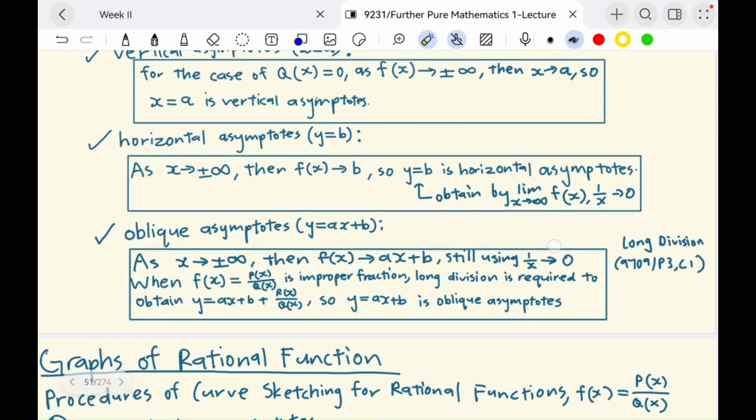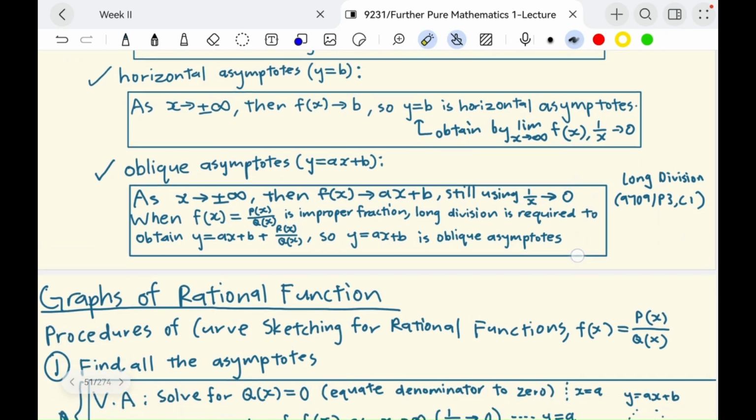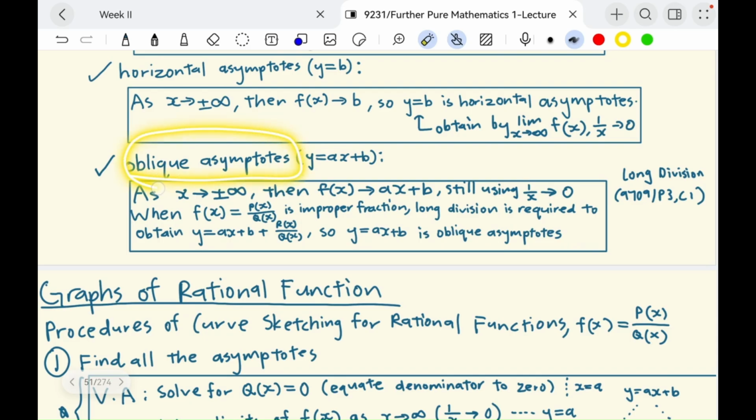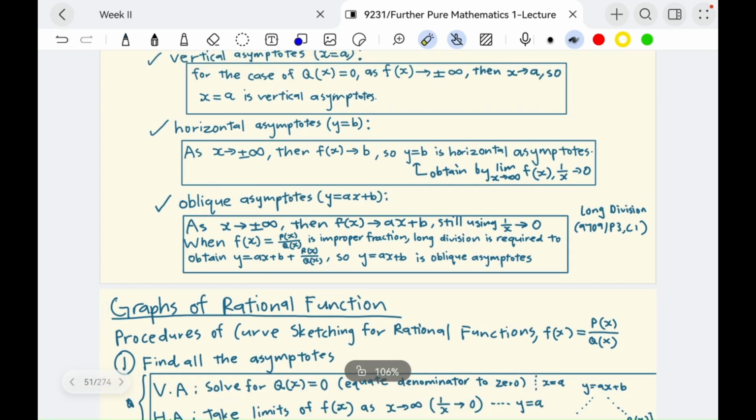So if it is not a horizontal asymptote, it can be the oblique asymptote. So what is an oblique asymptote? It is an asymptote whose dashed line is not a horizontal line, but instead it is a slope line, just like this.